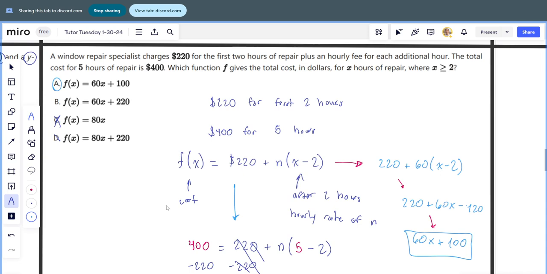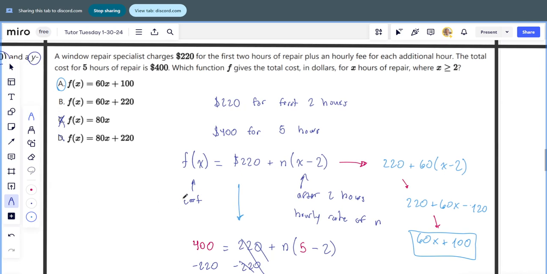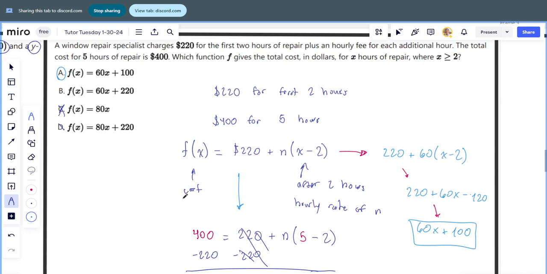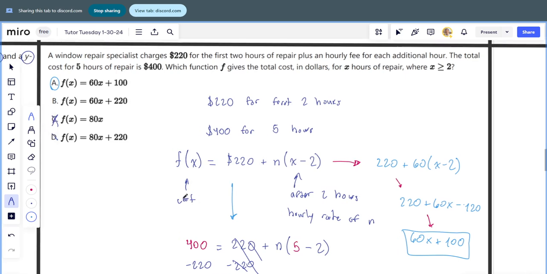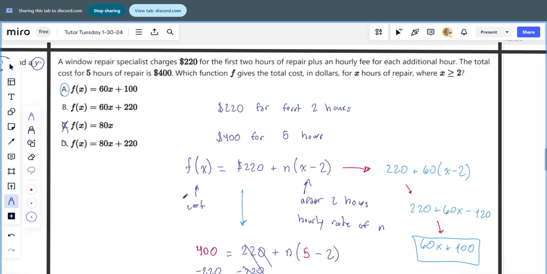So that was a really tricky, misleading question, right? You might think that we take 400 divided by 5 to get that cost as 80x, but it's actually going to be $60 per hour because x is greater than or equal to 2. We don't consider the first 2 hours inside that hourly rate to calculate that 60x.